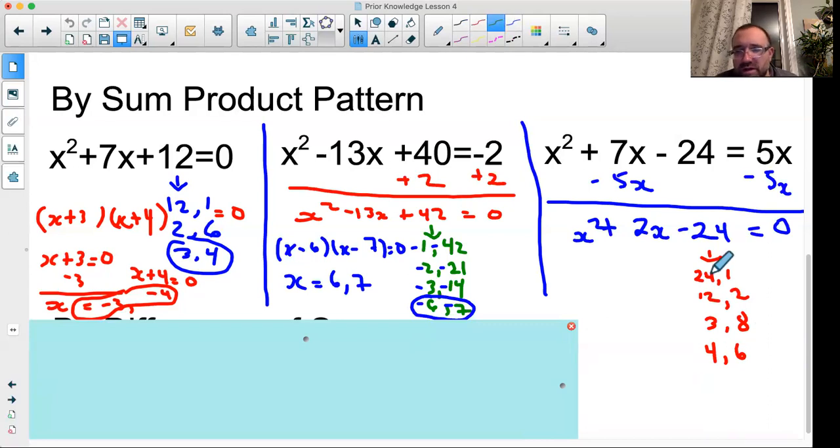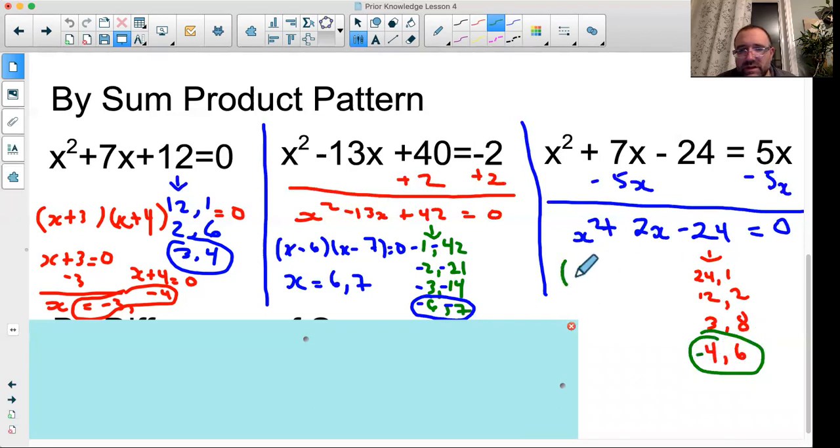Now keep in mind, negative 24 and 1, you can know right off the bat won't make 2x. 12 and 2 won't make 2x. 3 and 8, not possible, but now this one would be the key. But which one has to be negative, and which has to be positive? The positive value is plus 2x, so it has to be the higher value. So negative 4 times 6 is negative 24. Negative 4 plus 6 makes positive 2.